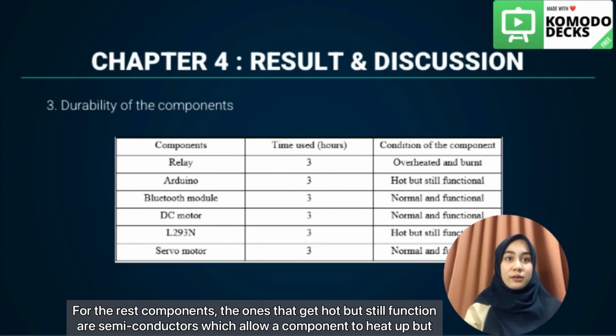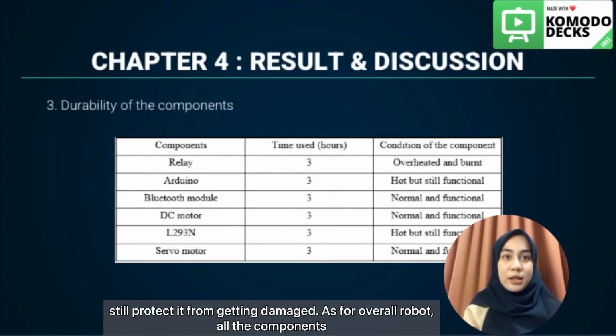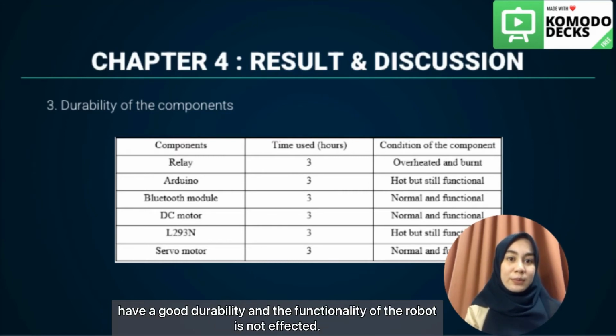For the rest of the components, the ones that get hot but still function are semiconductors, which allow a component to heat up but still protect it from damage. Overall, all the components have good durability and the functionality of the robot is good.